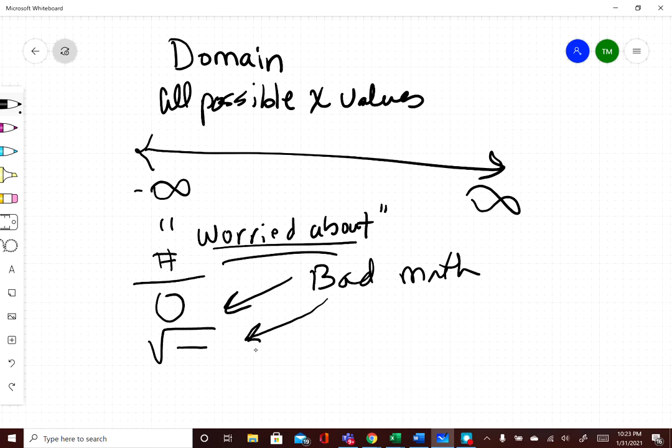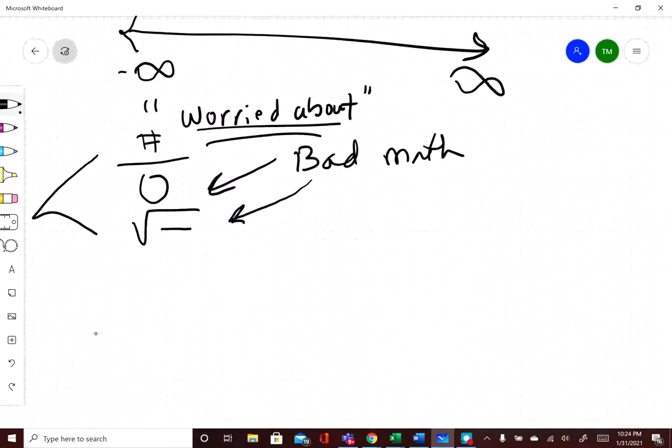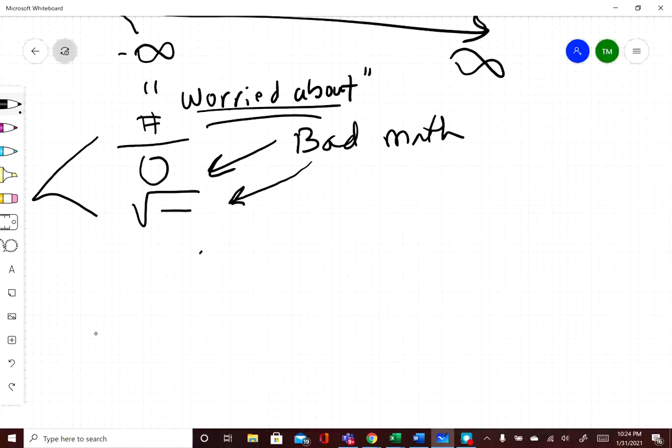And honestly, at this point, until you get a little bit further into working with some other functions like trig functions and logs, etc., these are the only two things that we're worried about. So when we're looking at a function, we want to ask ourselves, what are we worried about? And from there, we can help build what needs to be eliminated from the domain.